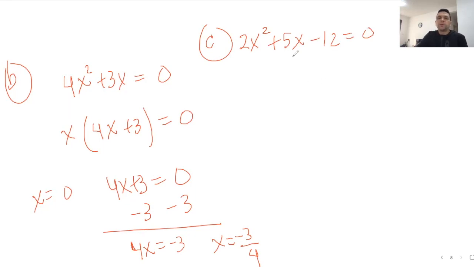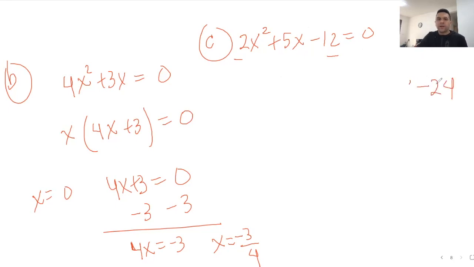So first thing you want to try is to see if you can break this middle term into two other terms with x in them, which are going to help you group and factorize. If not, the alternative approach is to multiply the leading coefficient and the last number, and then that'll be negative 24.